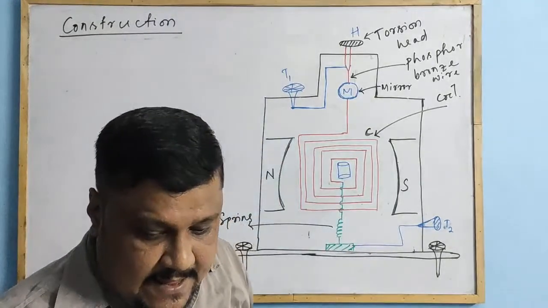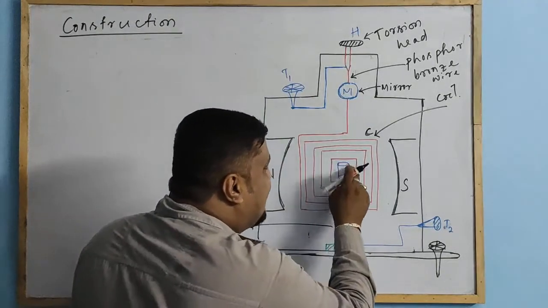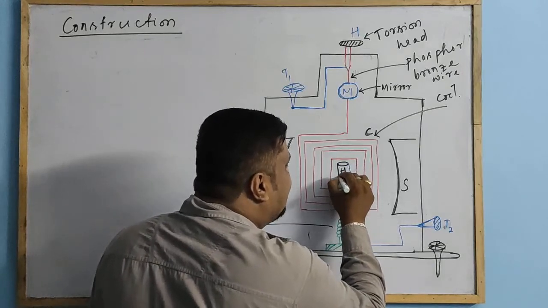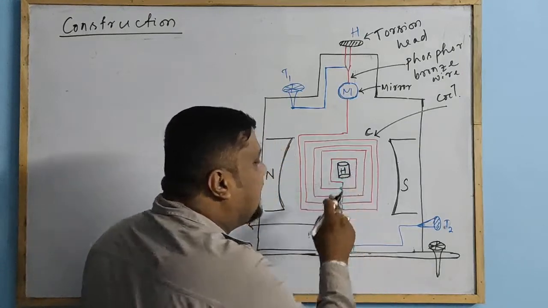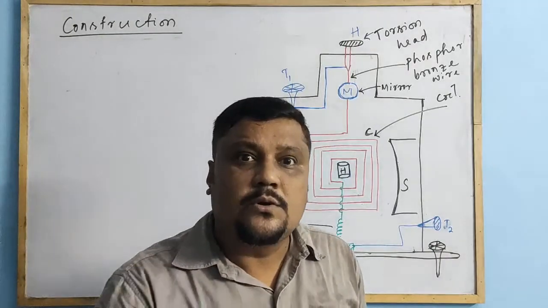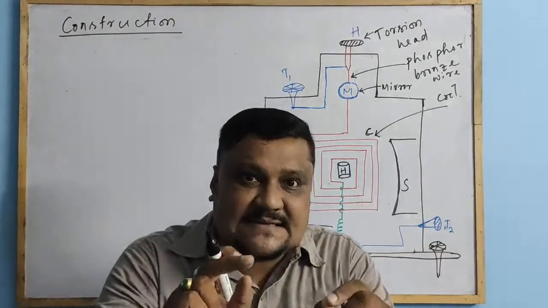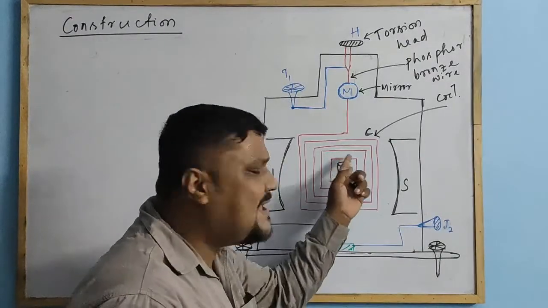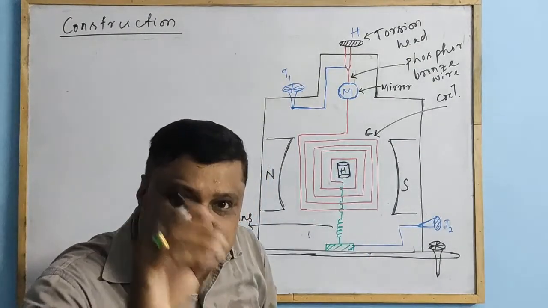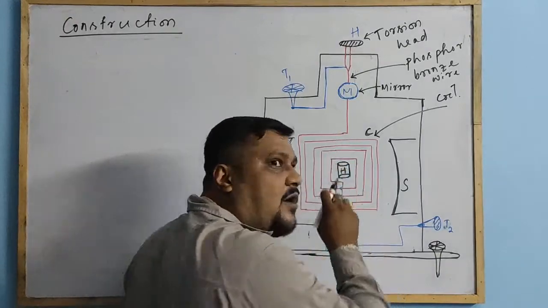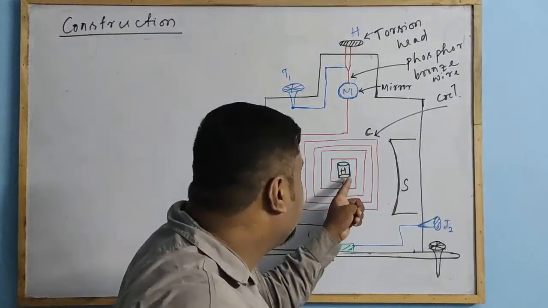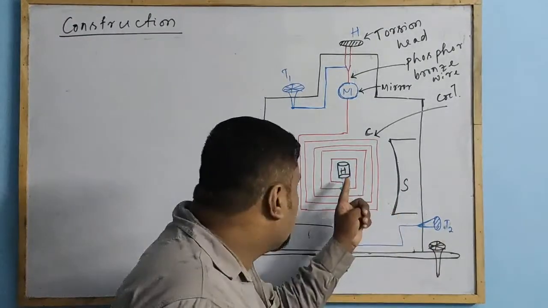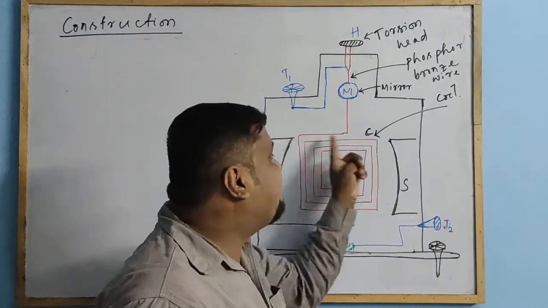Then the most important part: it is an iron core. A soft iron core is placed in the core of the coil, so that it does not touch the frame.